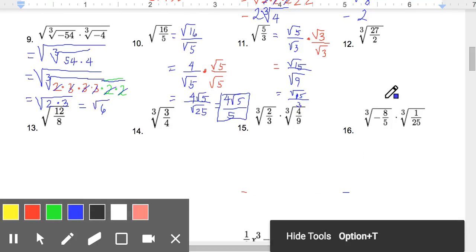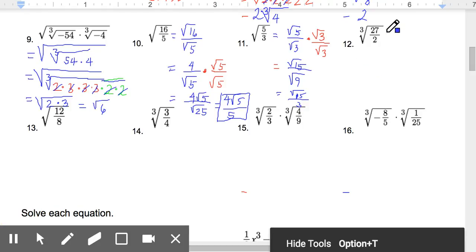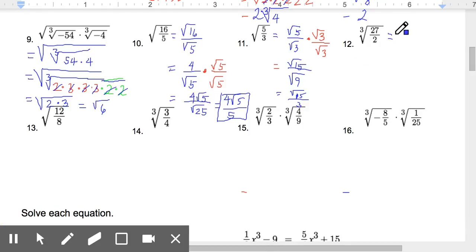Okay, number 12. The cube root of 27 over 2 can be expressed as the cube root of 27 over the cube root of 2. Now, the cube root of 27 is 3, but the cube root of 2 we cannot simplify any further, so we'll just keep it as the cube root of 2.